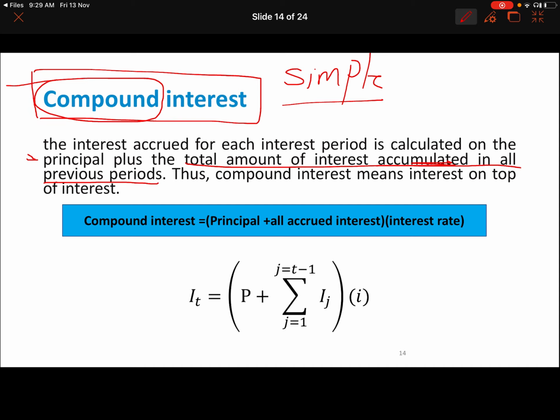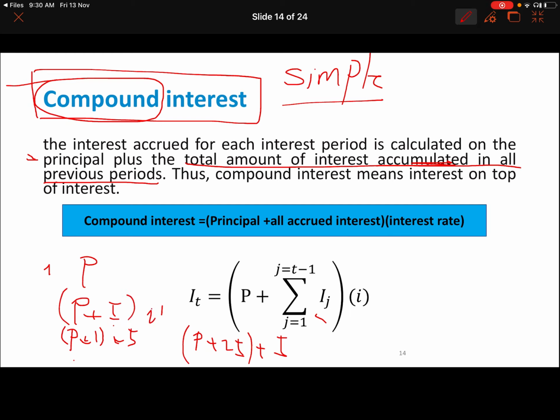So every time I accumulate I. The first year I have P, the second year I have P plus I, the third year I have P plus I plus I, and so on. All this should be multiplied by the interest rate.